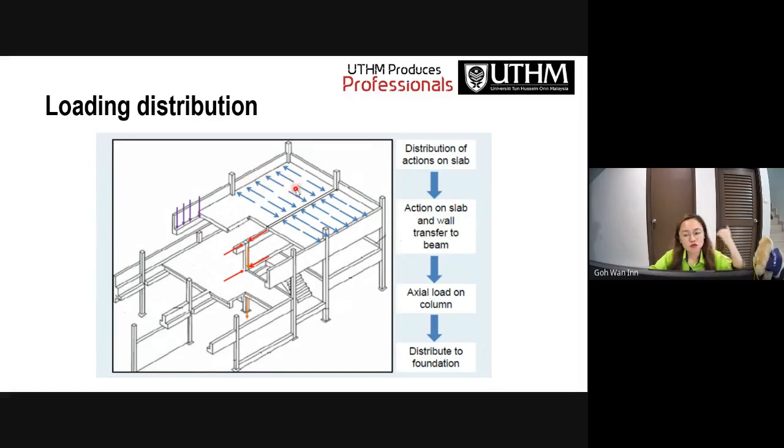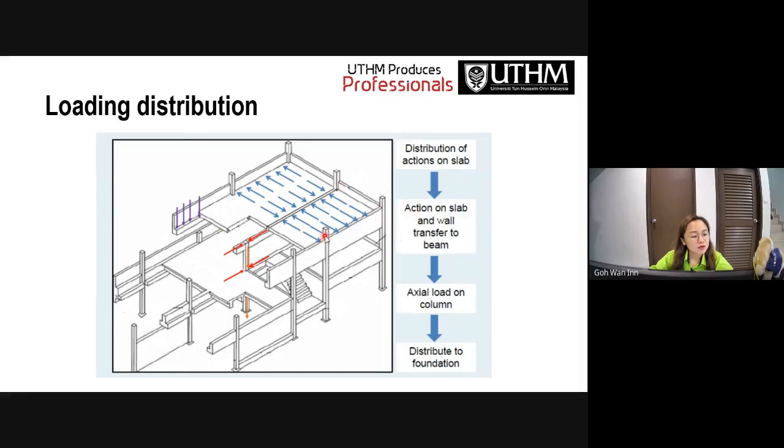It's not going to all four edges. For example, the load from the slab and wall transfers to the beam. The brick wall and the slab will transfer the load to the beam. So this is the beam, this is the beam, this is the beam.